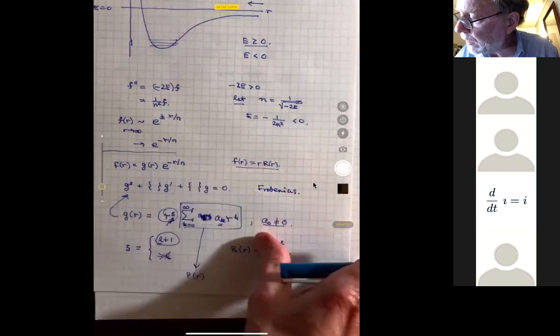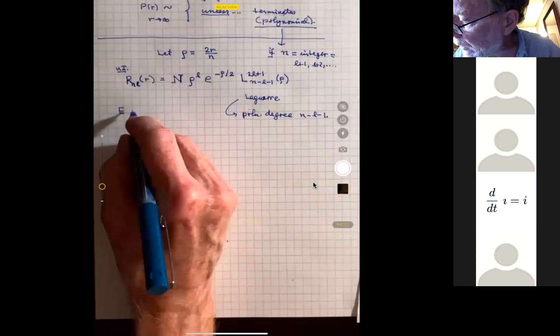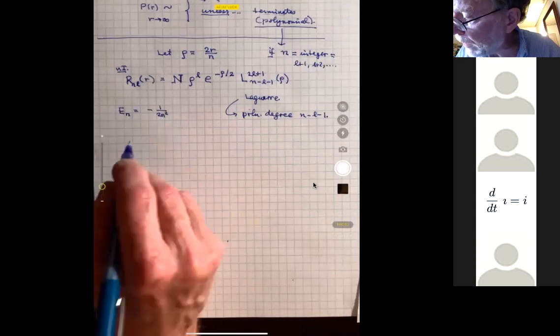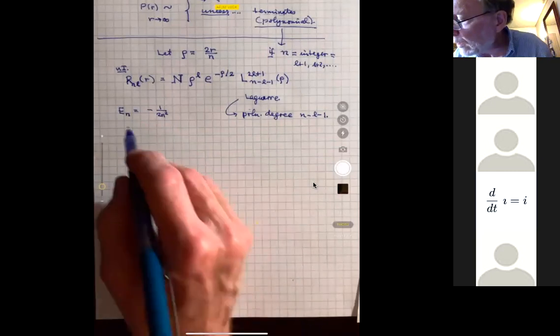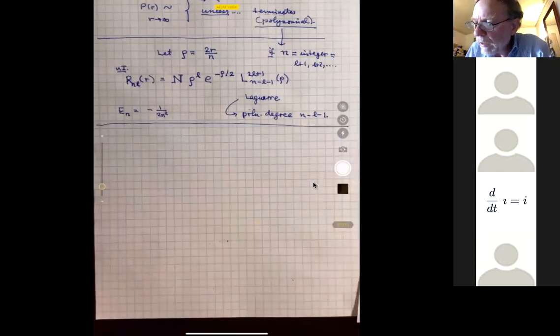Turns out now it's an integer. So the formula still holds, except n is an integer. So it's minus 1 over 2n squared, and we might as well put an n index on that. All right. And in this manner, we have derived the energy levels and the wave functions for the hydrogen atom.